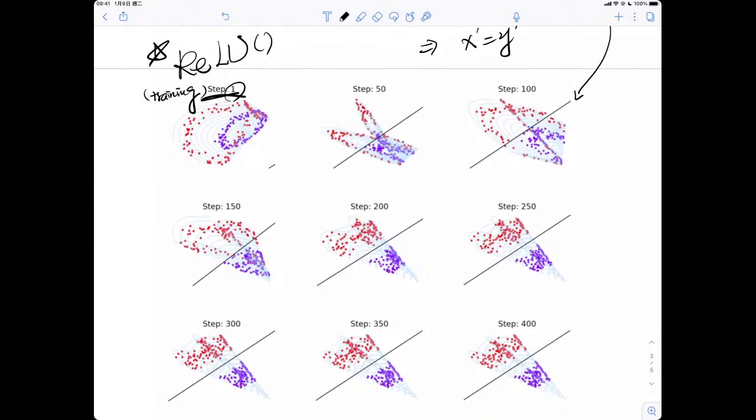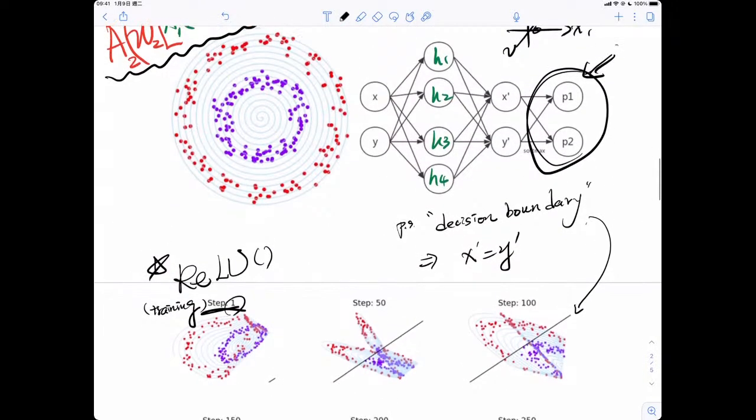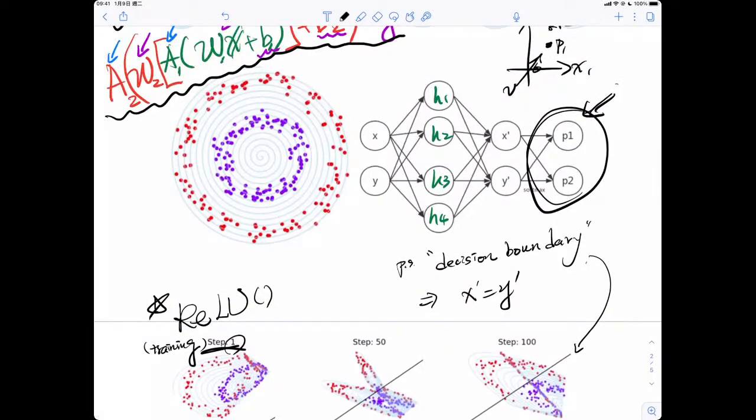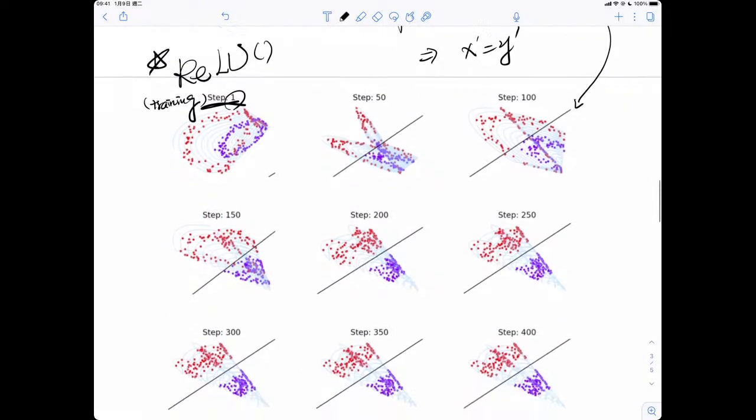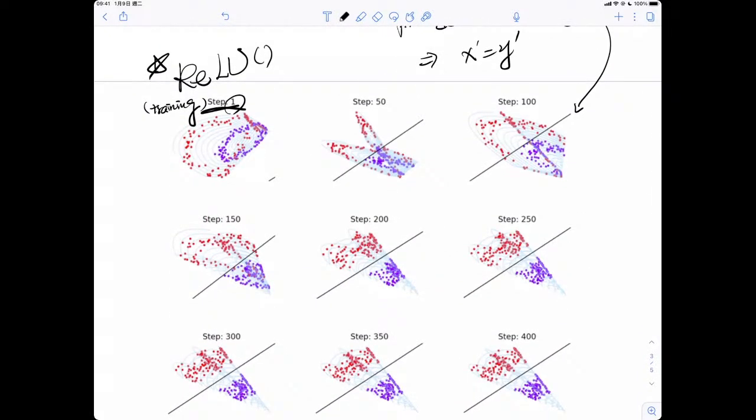If you only do such training once, the data will be like this. The original data is like this: it's two circles, with red data points and purple data points. If you only train those data once, the weight you trained will be like this. And after you train 50 times, that means you can fold, rotate, and do a lot of things.